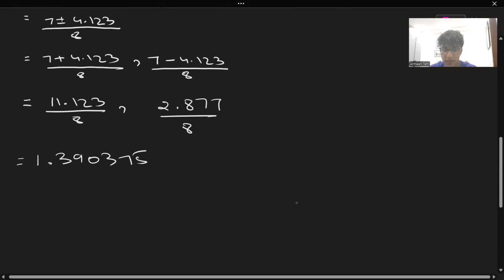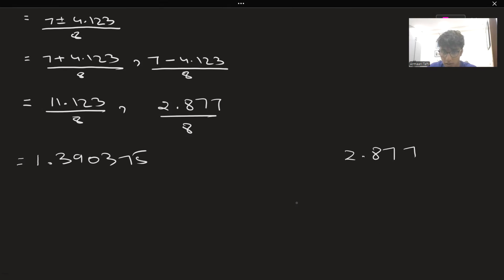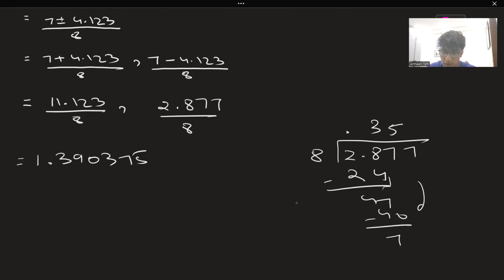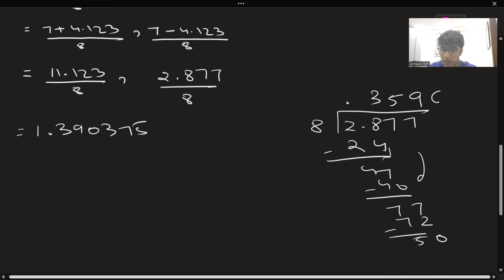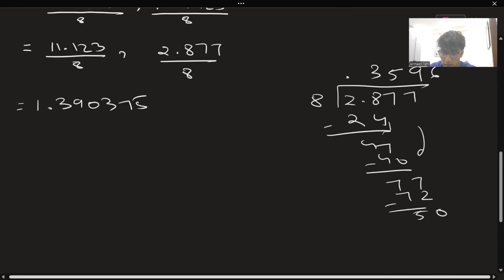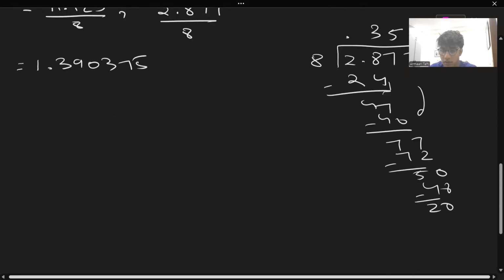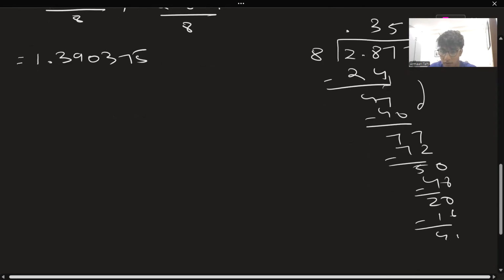Now do the same for 2.877 divided by 8. 8 fives are 40. 7, 7 nines are 72. 5, 0. 8 sixes are 48. 2, 0. 8 twos are 16. 4, 0.